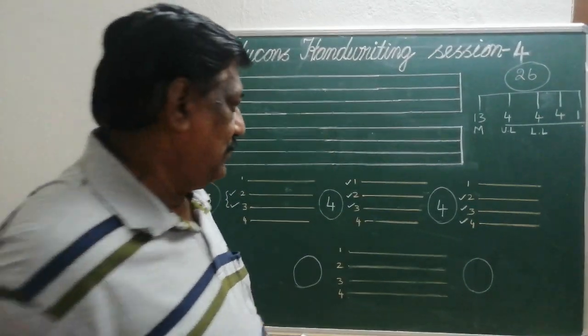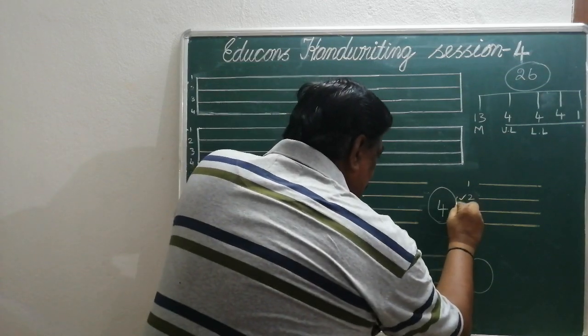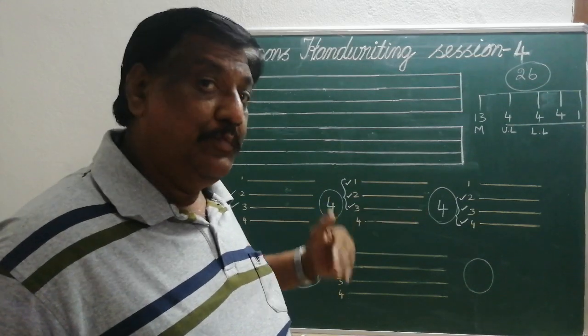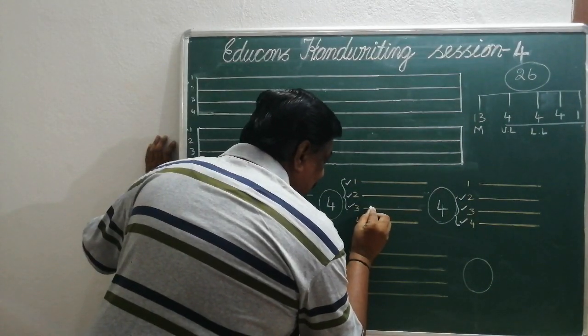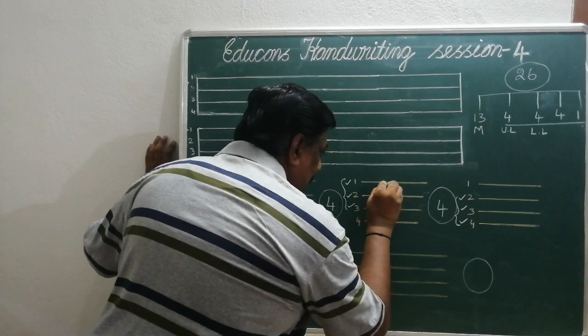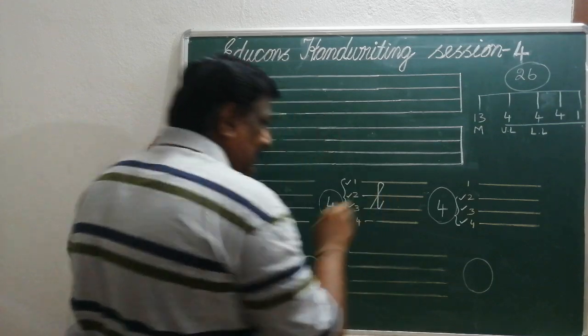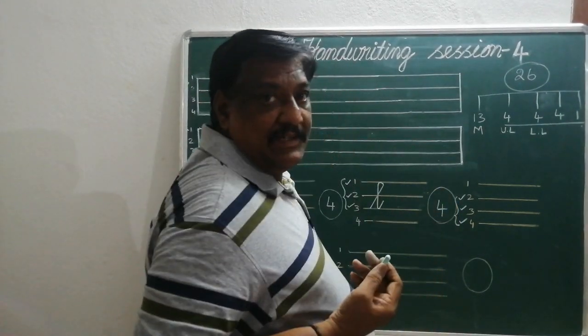Between 2, 3, 4. This is 1, 2, 3, but this is 2, 3, 4, and it has a loop below. This is your familiar letter. You might have practiced many times. Upper loop. Okay. What is a lower loop letter?